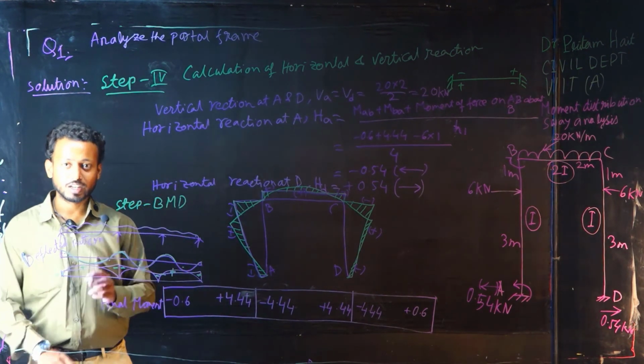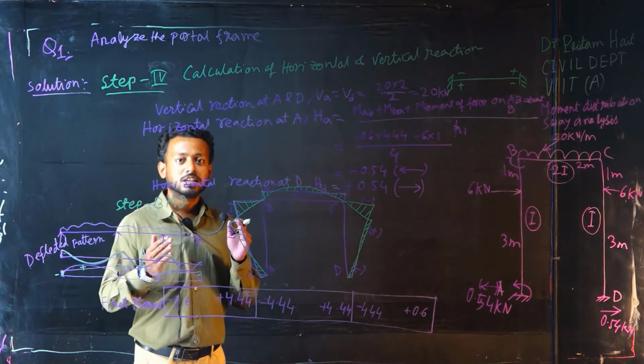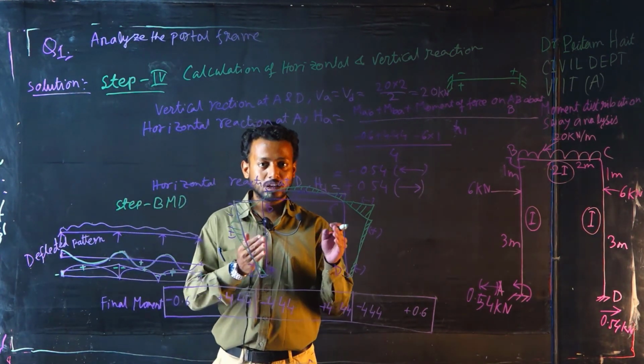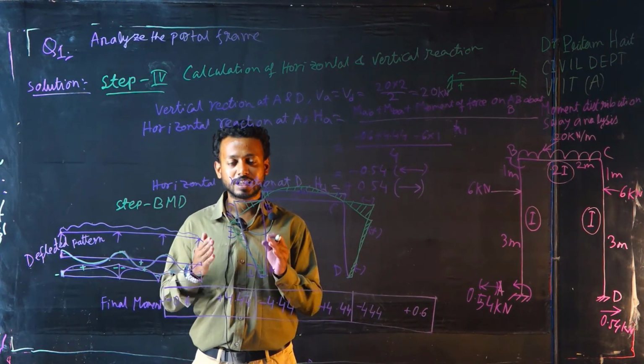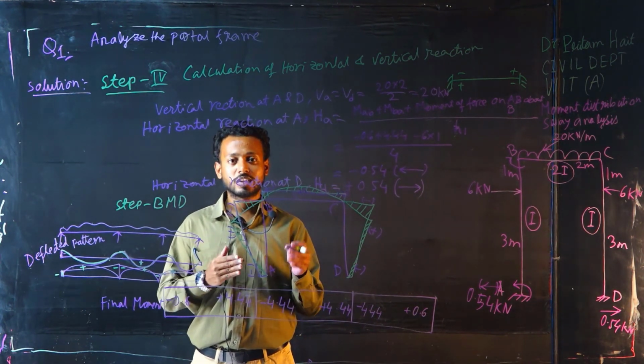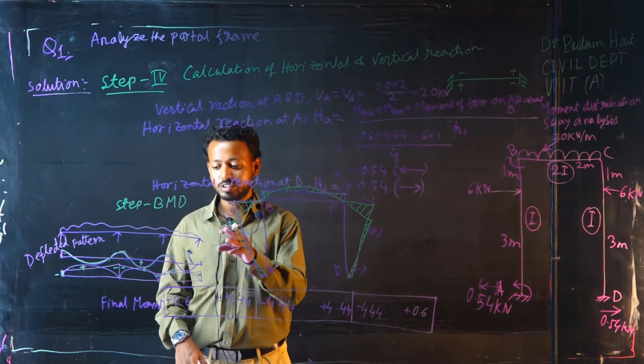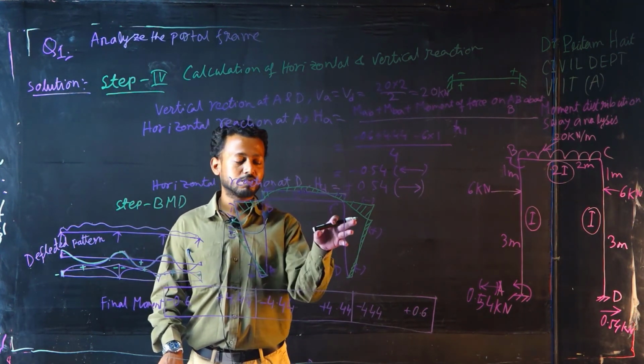So in a continuous beam, at span positive bending moment will occur and at support negative bending moment will occur. Sagging means positive, hogging means negative bending moment. So according to this convention, you can draw the bending moment diagram easily.